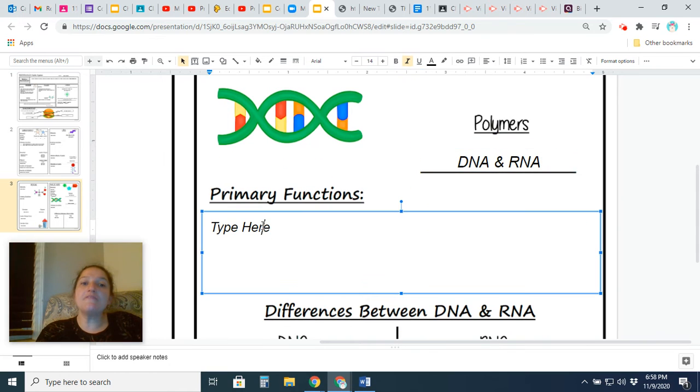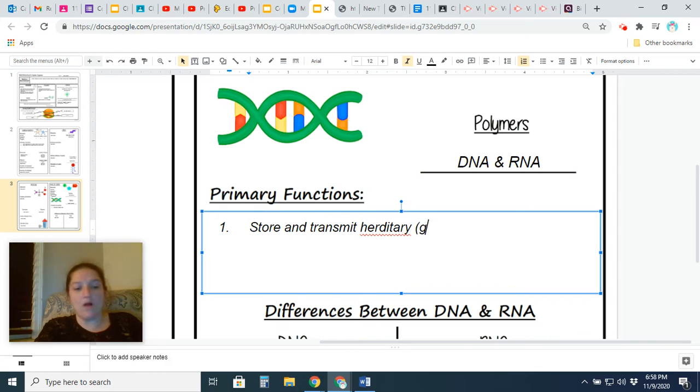So what is the primary function of a nucleic acid? Well, we've talked about DNA, you know all about DNA. The primary function of RNA and DNA is to store and transmit heredity, or we would call it genetic information.